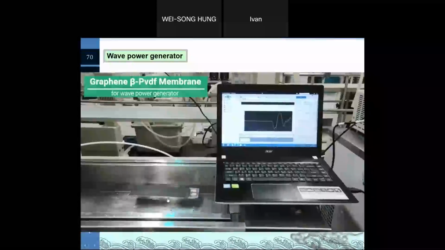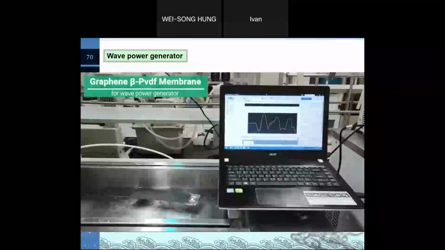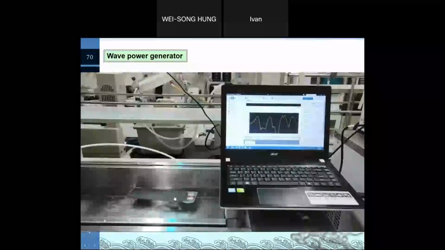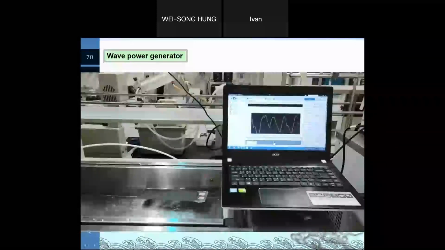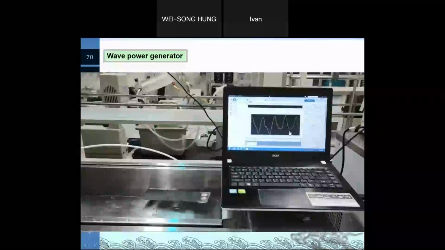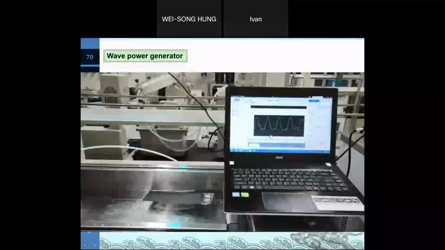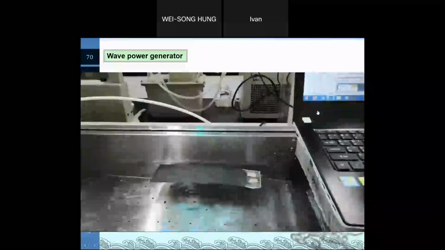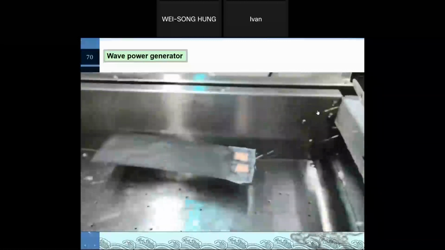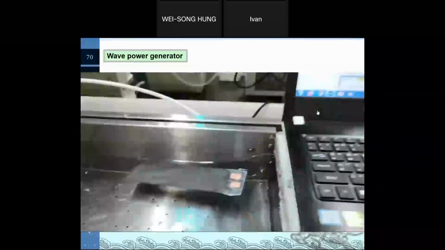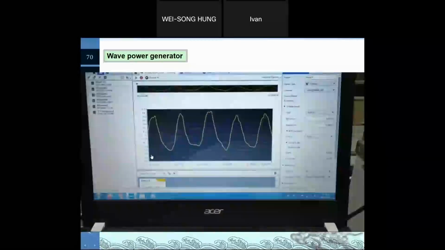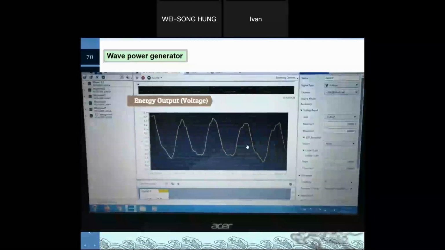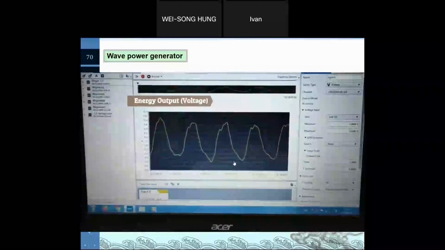When the shaking tank provides the vapor and the graphene membrane, we can see the power generation in the video. The output voltage is shown on the oscilloscope. Here we can clearly see the output voltage from each wave.